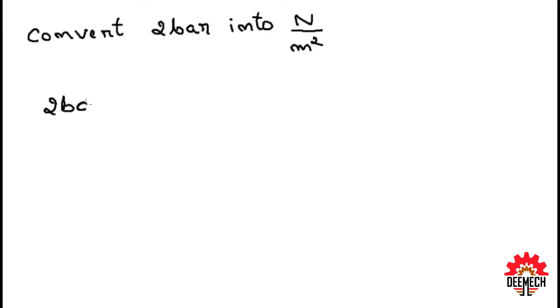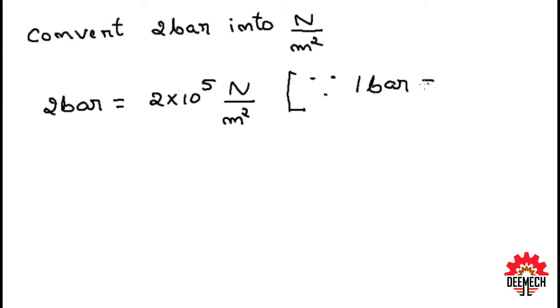Let me give a small example to convert the pressure from bar to Newton per meter square and from Newton per meter square to bar. 2 bar is nothing but 2 into 10 to the power of 5 Newton per meter square, because 1 bar is equal to 10 to the power of 5 Newton per meter square.